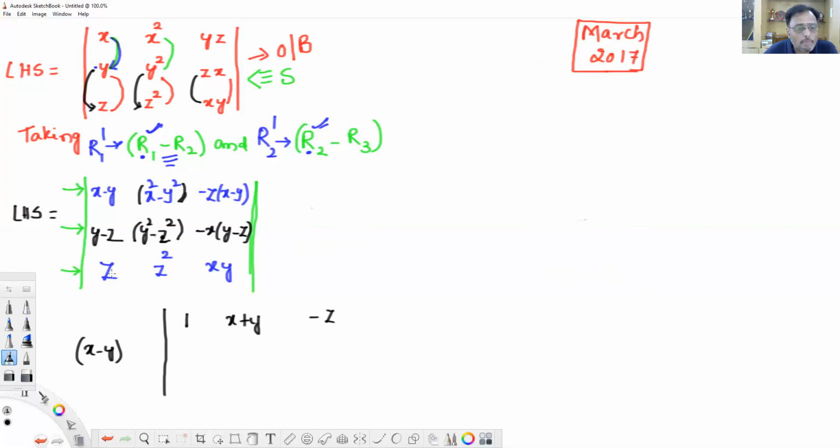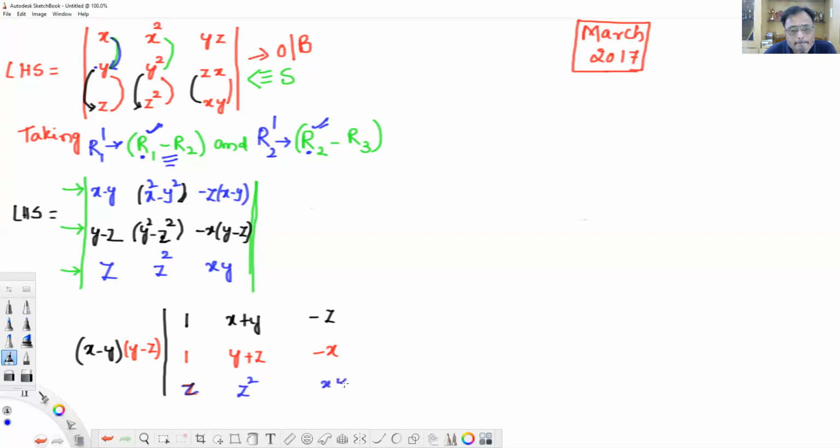In the second row, with red ink I'm writing. In the second row I'm taking Y minus Z as common factor, so you can write 1, Y plus Z, and Y minus Z means minus X. There is no common factor in the third row, so as it is you can write Z, Z square and XY.